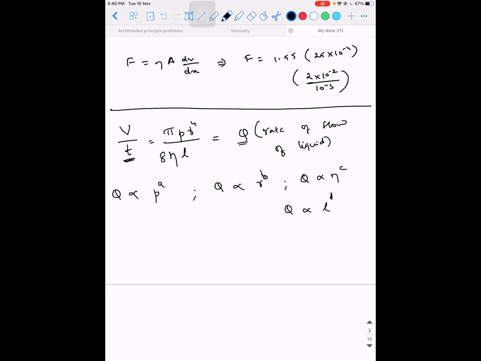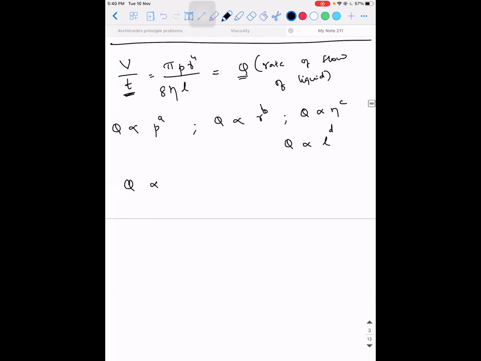When you follow the dimensional analysis process, what are you supposed to get as the values of a, b, c, and d? a should come out as 1, b should come out as 4, eta should come out as -1, and L should come out as -1.